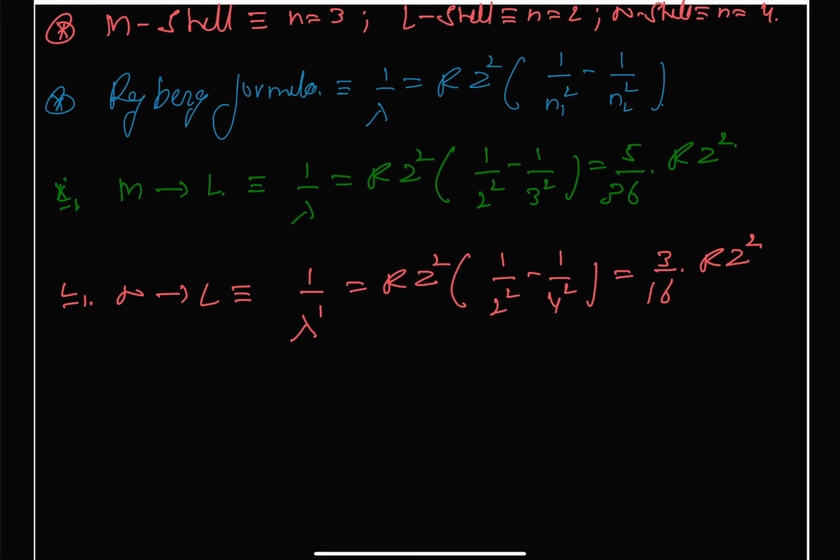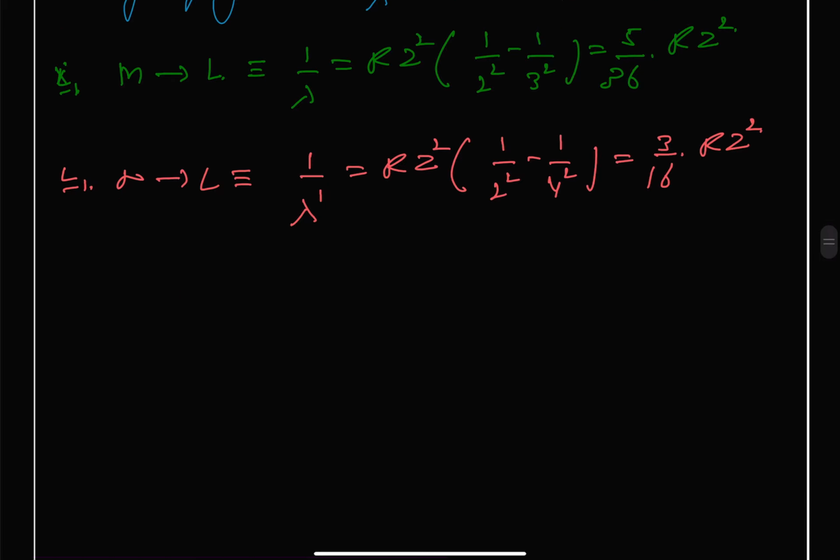Now we can just find the ratio. Lambda prime upon lambda will be equal to 3 upon 16 R Z square divided by 5 upon 36 R Z square.